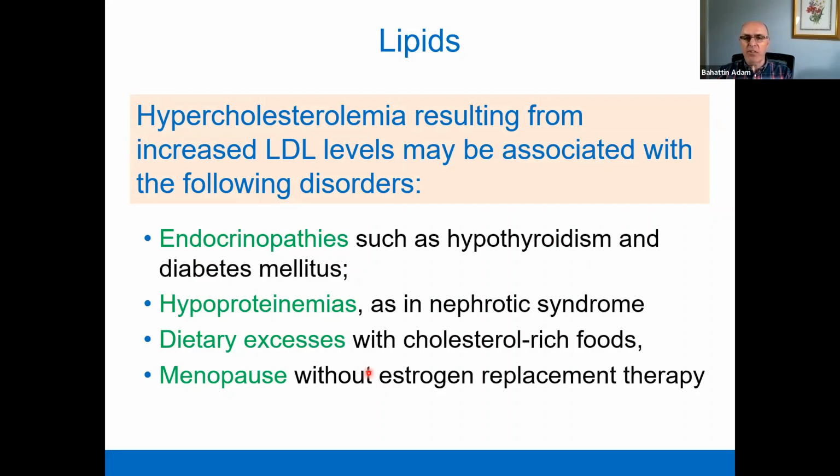Hypercholesterolemia resulting from an increased level of LDL may be associated with disorders such as not only dietary causes, but also endocrinopathies, or hypoproteinemia such as nephrotic syndrome, because we transport lipids via proteins, and hypoproteinemia may also cause a lipid disorder.